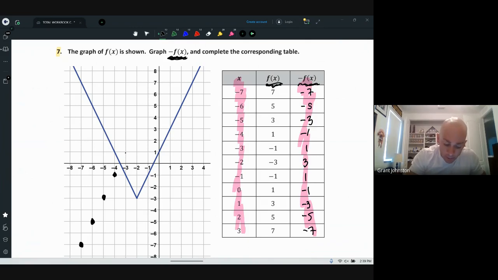Negative 3, positive 1 here. Negative 2, 3 here. Negative 1, 1 here. 0, negative 1, 1, negative 3, 2, negative 5, and 3, negative 7. So here we go.